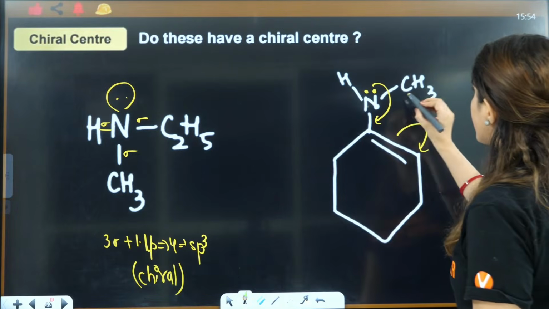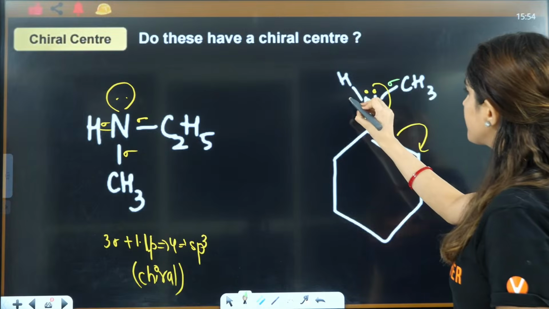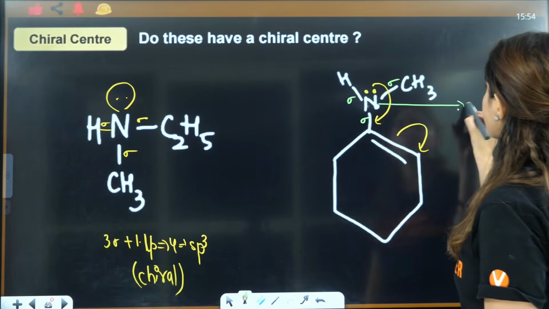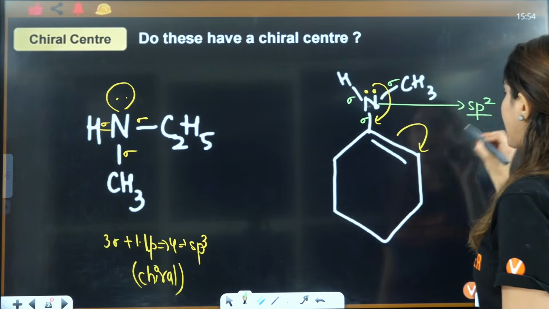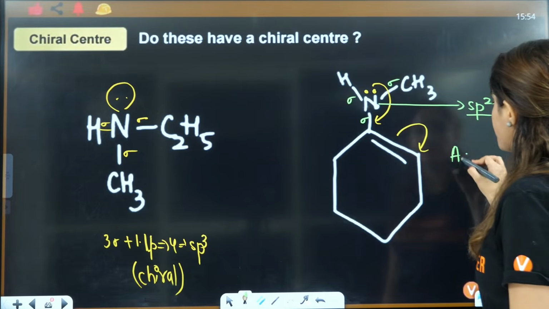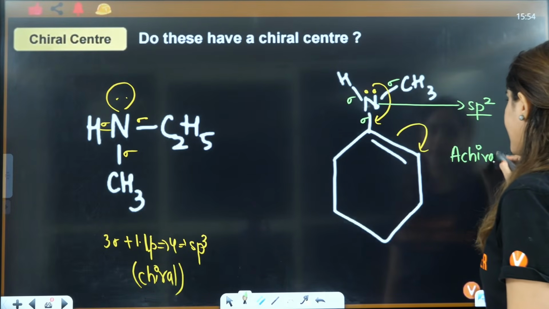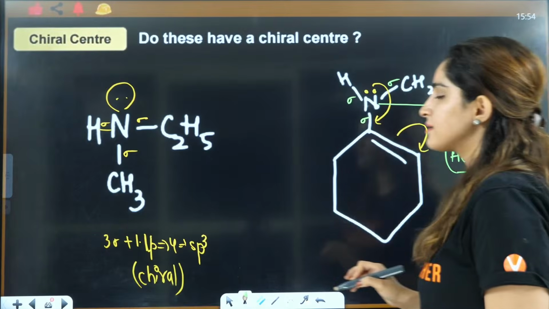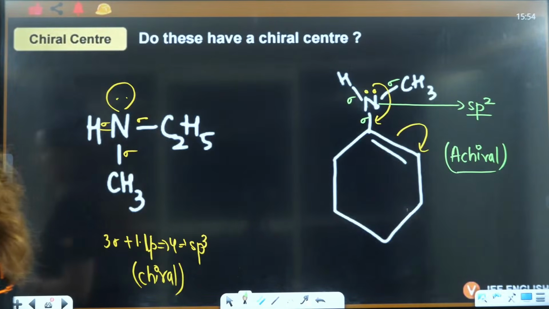So we will say this is 1 sigma, 2 sigma, 3 sigma. So this nitrogen is going to be sp2 hybridized, and that is the reason this will be achiral here.